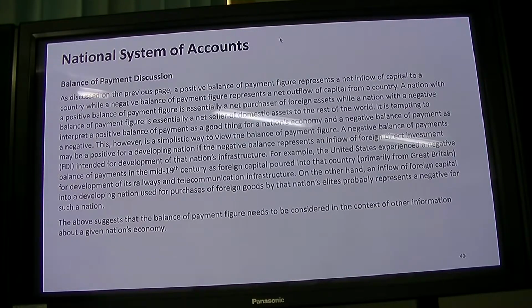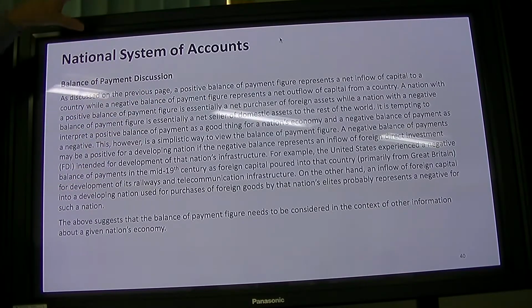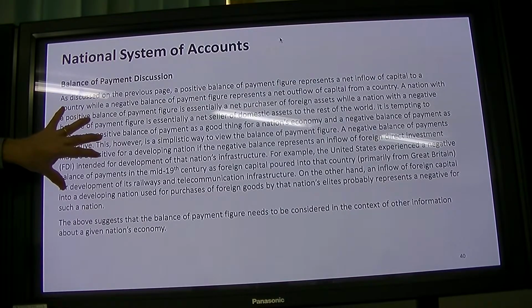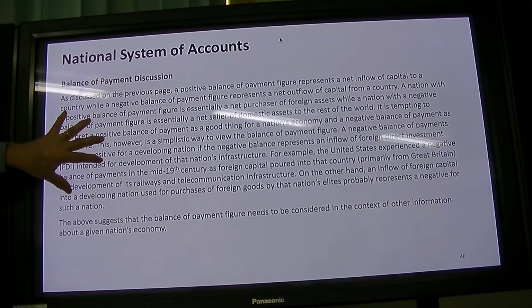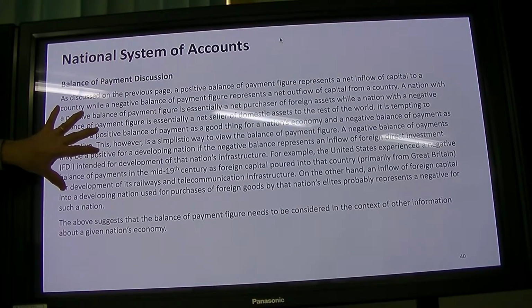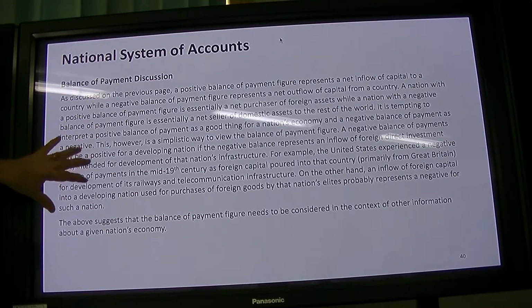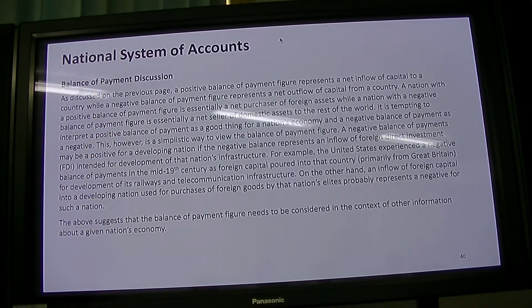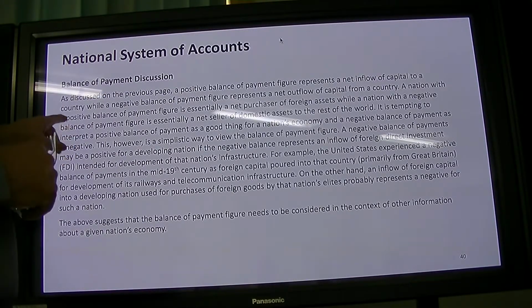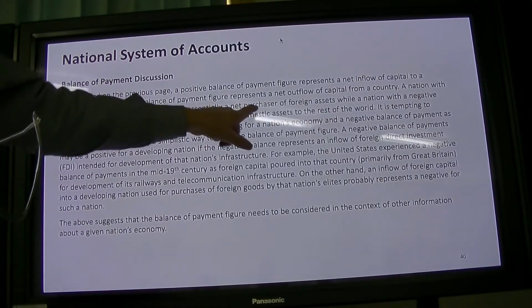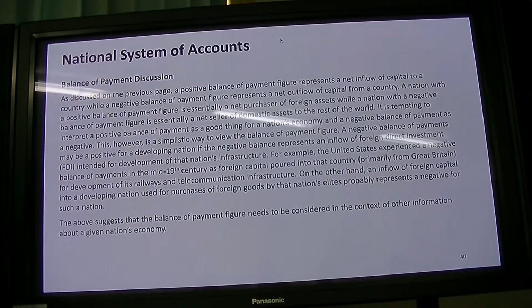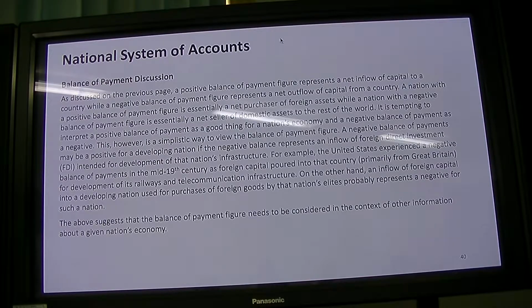As I said in the earlier discussion, a positive balance of payments figure represents a net inflow of capital, while a negative balance of payments figure represents a net outflow of capital from a country. A positive balance of payments is essentially a net purchaser of foreign assets. You're acquiring more assets, which can be a positive.